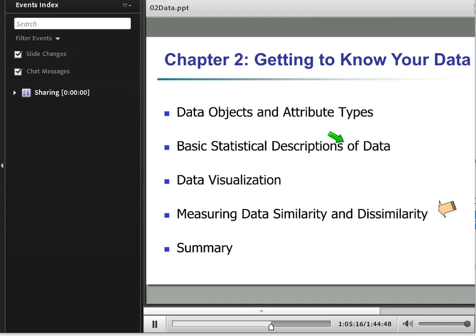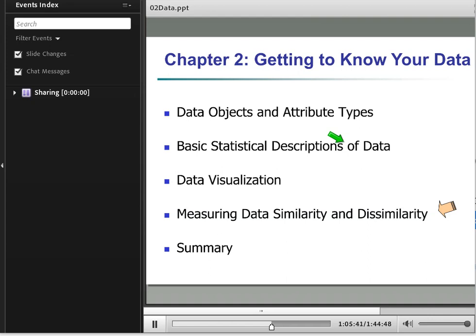Data visualization is not our main problem in data mining course. So I talk about data visualization techniques very fast, and I pass them very soon.